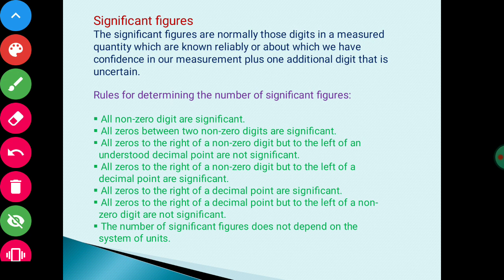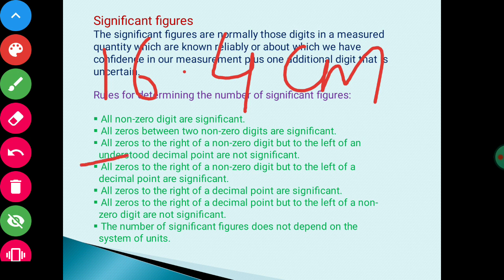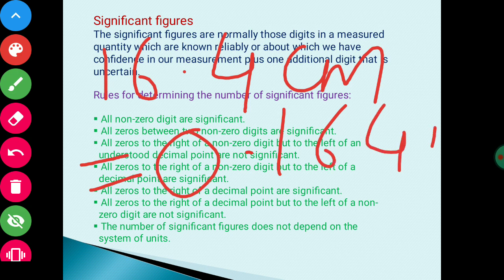The last one, the number of significant figures does not depend on the system of units. For example, 16.4 centimeter. Let's convert it into meter. You know how centimeter is converted into meter? Divide by 100. So it becomes 0.164 meter. Now see, in centimeter how many significant figures are there? 3.